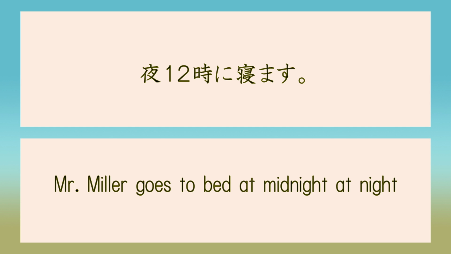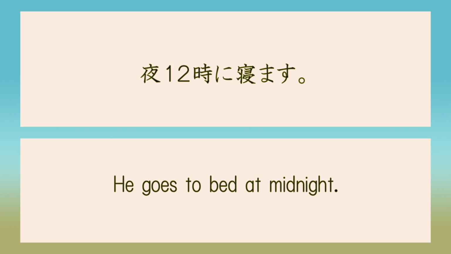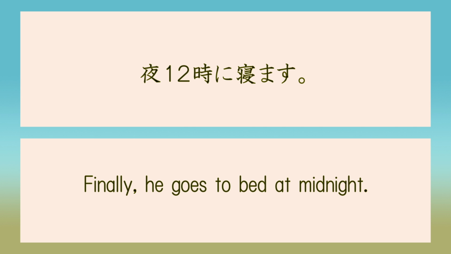Let's make it sound more natural in English, and we're gonna say he goes to bed at midnight. And we can even add something that is not going to change the original meaning of the sentence. Something like, finally he goes to bed at midnight, and it kind of concludes the paragraph and it makes it sound natural. The next sentence is 土曜日と日曜日会社は休みです.